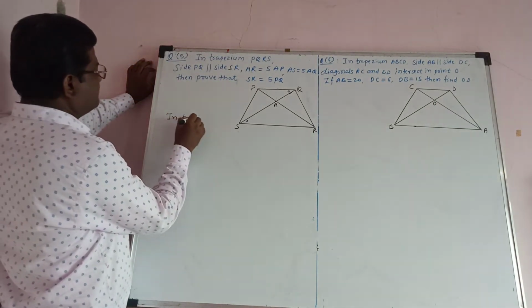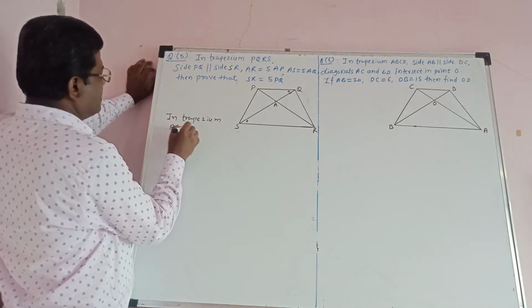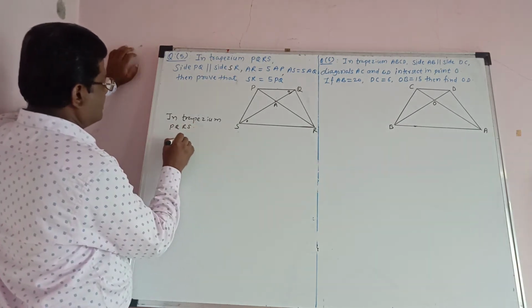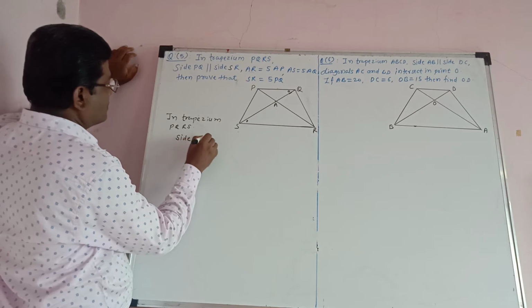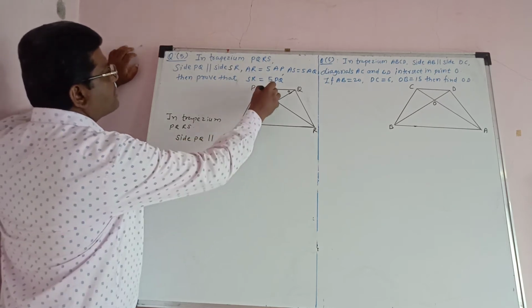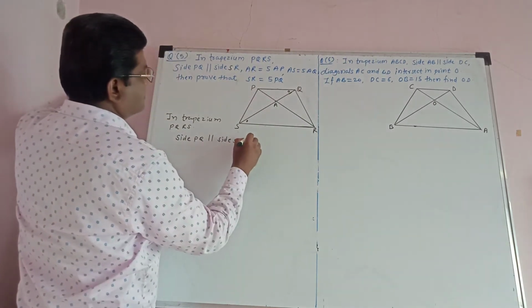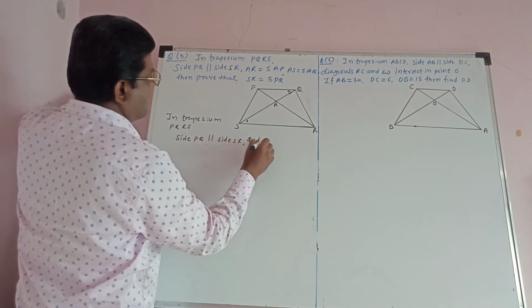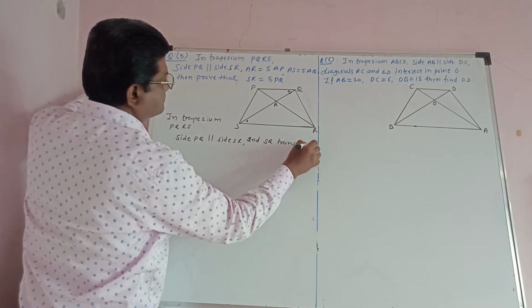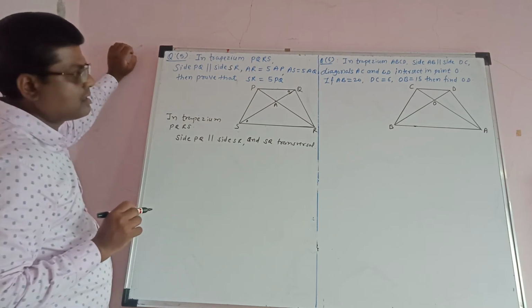In trapezium PQRS, side PQ parallel side SR, and take SQ transversal. Therefore, these two angles are alternate angles.